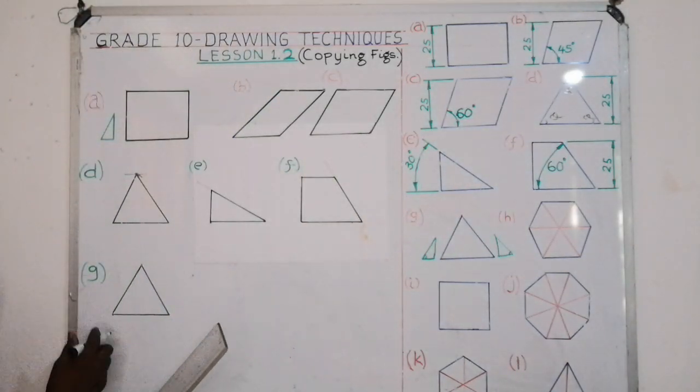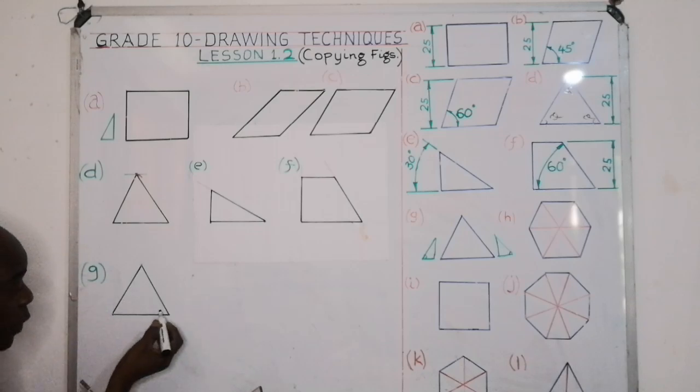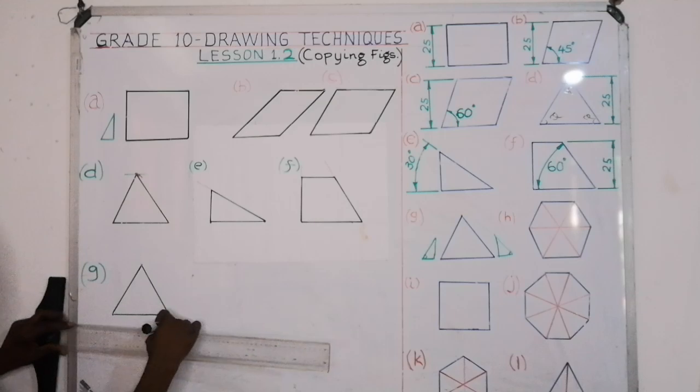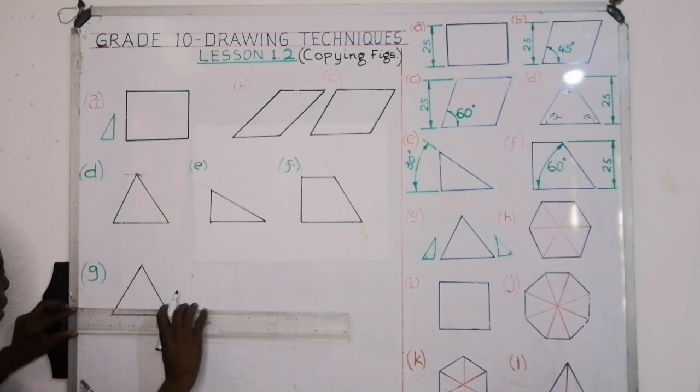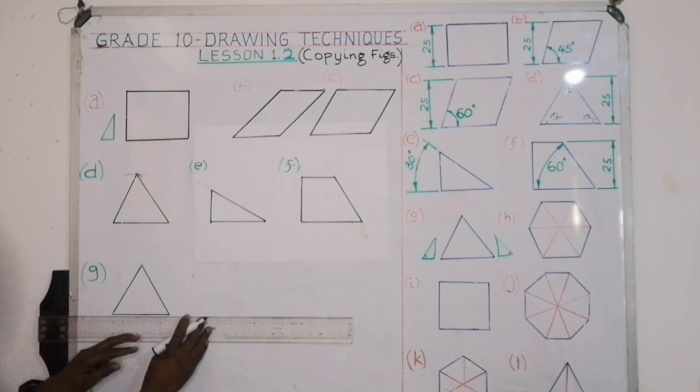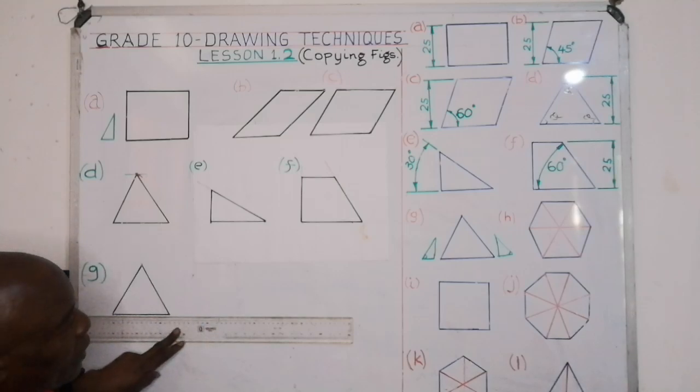So this one is an equilateral triangle because we use the 60 degrees to construct this and also that one, which means this one definitely is 60 degrees as well, because the sum of interior angles of a triangle adds up to 180. So we're now moving on to the next one, which is H.